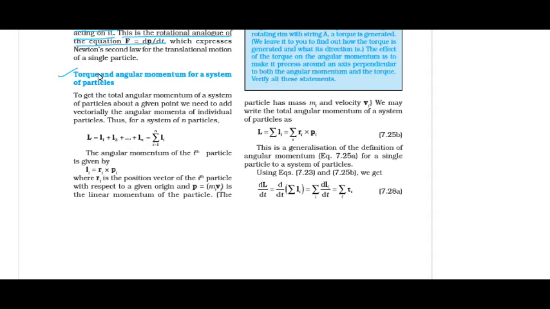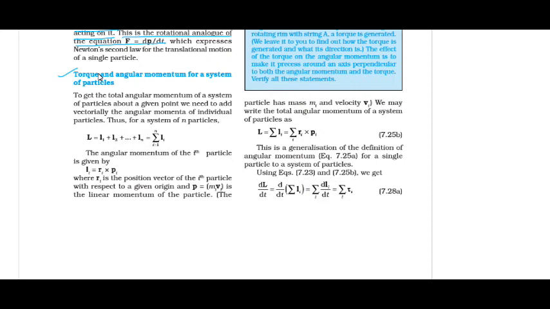To get the total angular momentum of a system of particles about a given point, we need to add vectorially the angular momentum of individual particles. Thus, for a system of particles, we can write L is equal to L1 plus L2 plus dot dot dot Ln, which is equal to sigma i is equal to 1 to n of Li.